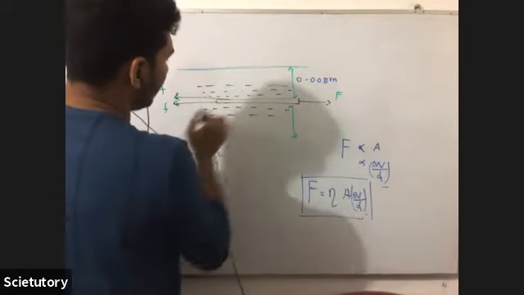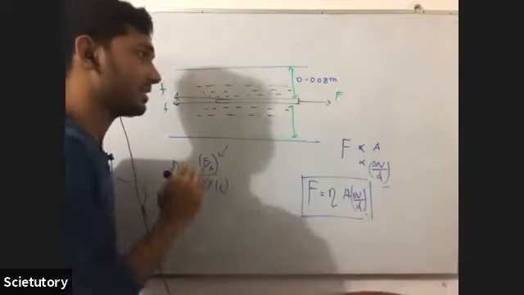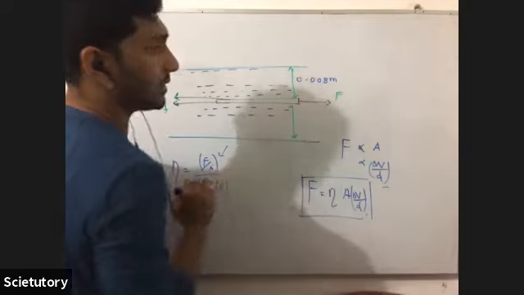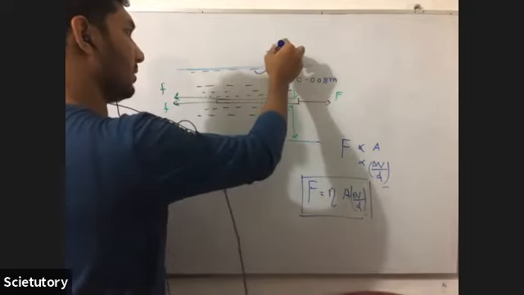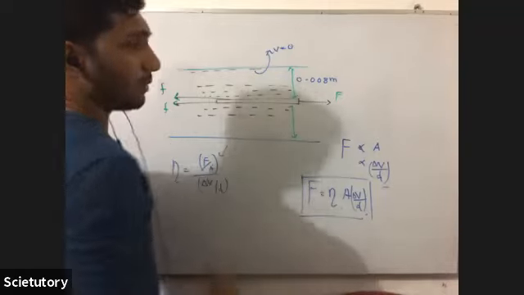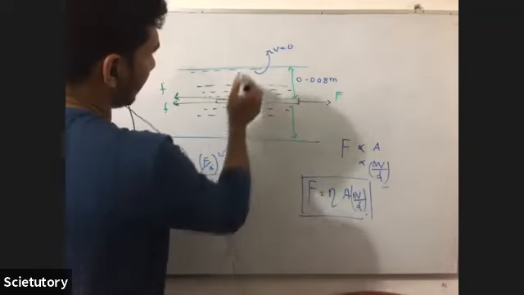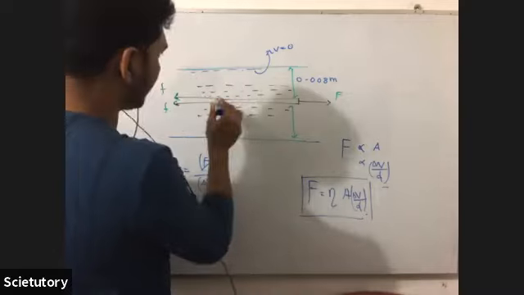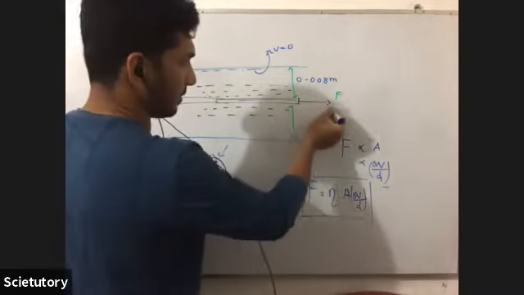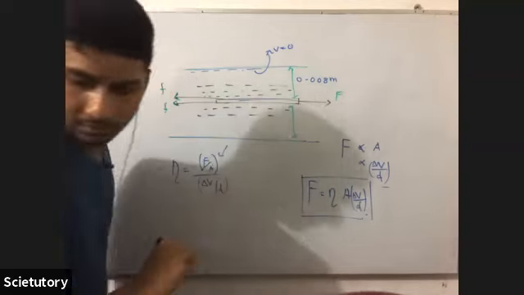So these two walls are stationary. Okay, so the velocity of this layer is what? V is equal to 0. This layer is also 0. So this layer has a velocity of the plate. So that is what?